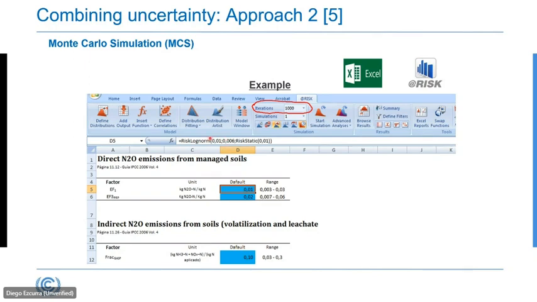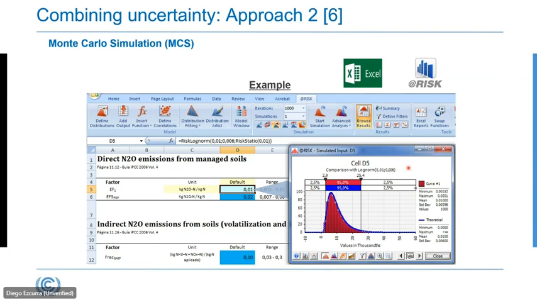Those are the parameters defining the log normal distribution. So this cell is not a number anymore. Now this cell is a random variable with random variability represented by a log normal distribution. So this is what is really in the cell.